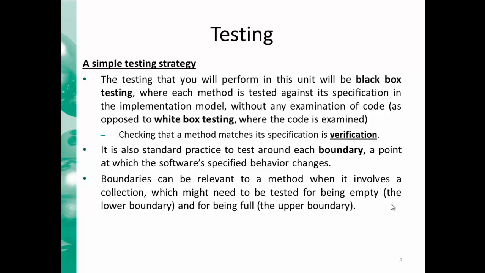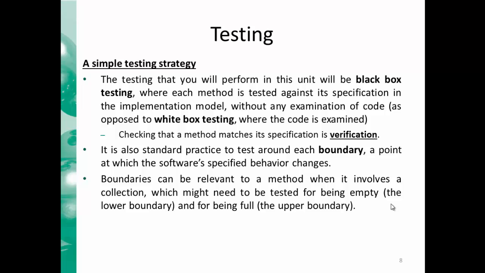In this unit, we will use a simple testing strategy called black box testing, where each method is tested against its specification in the implementation model, without examining the detailed code. If the detailed code is examined, then we call this white box testing.